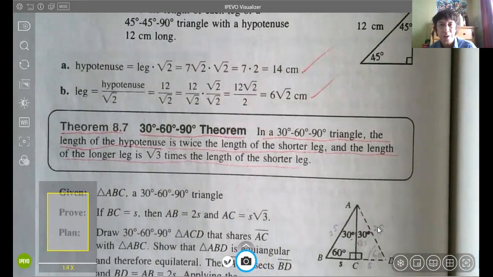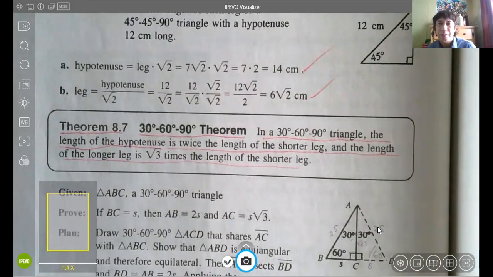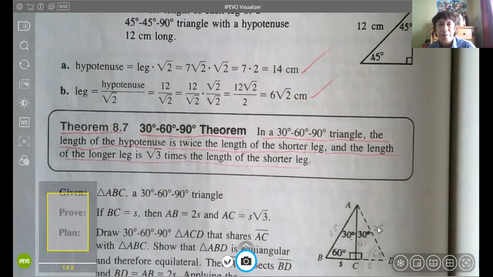So 30, 60, 90. In a 30, 60, 90 triangle, the length of the hypotenuse is twice the length of the shorter leg. And the length of the longer leg is square root of 3 times the length of the shorter leg. Now, what do we mean by this? So let me get the drawing for this right triangle.